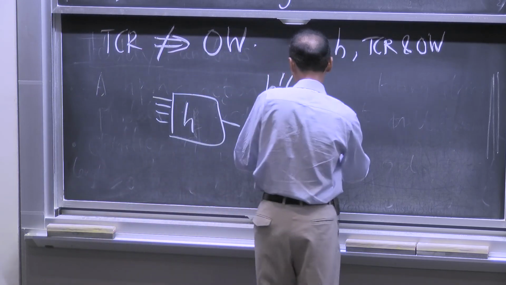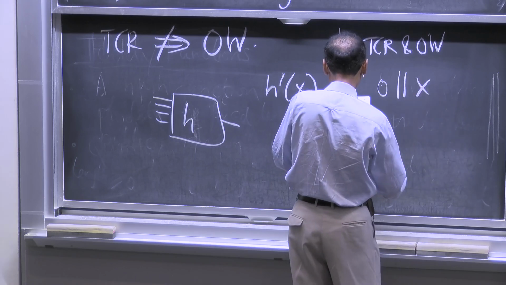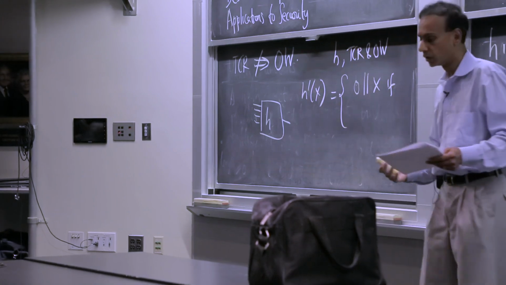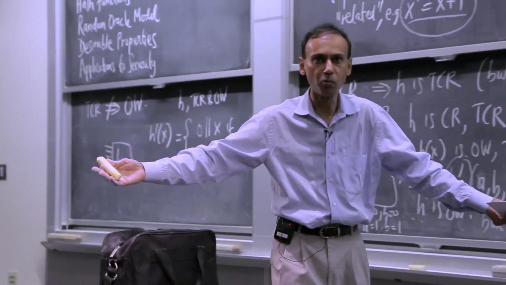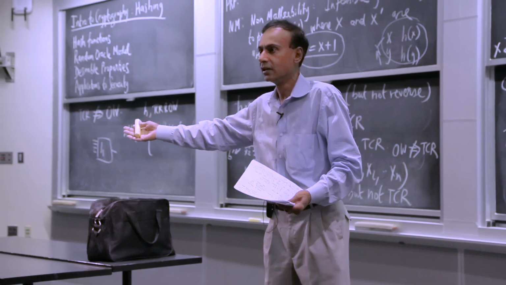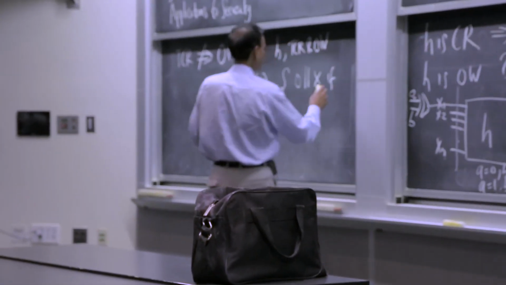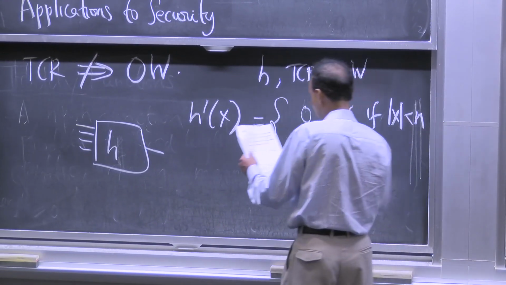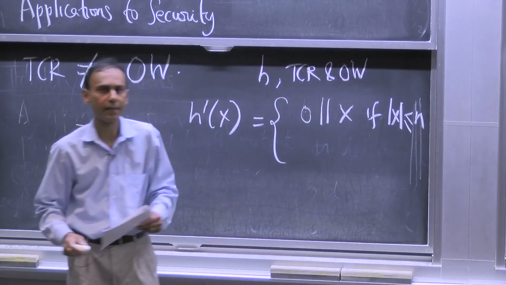H of x is simply something where I'm going to concatenate a 0 to the x value and just put it out. And clearly this is breaking one-wayness because I'm just taking the input, adding a 0 to it and shipping it out. So it's going to be easy to go backwards, right? And this only happens if x is less than or equal to n in terms of the input length.